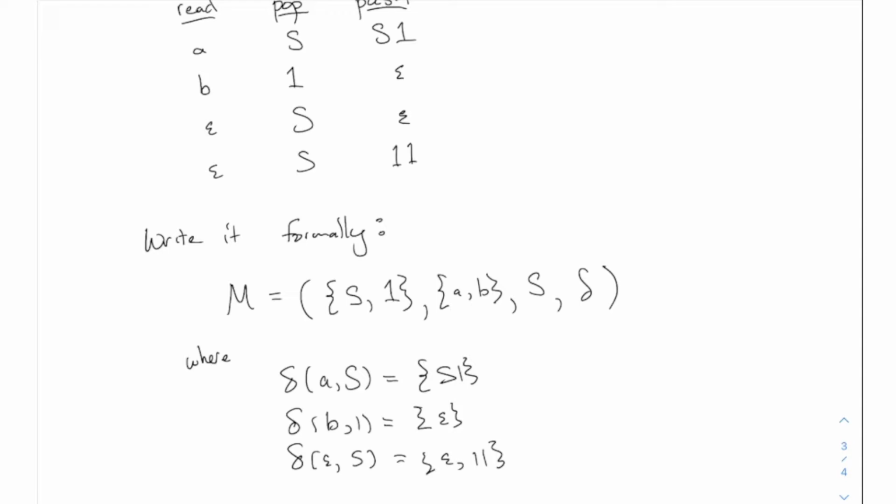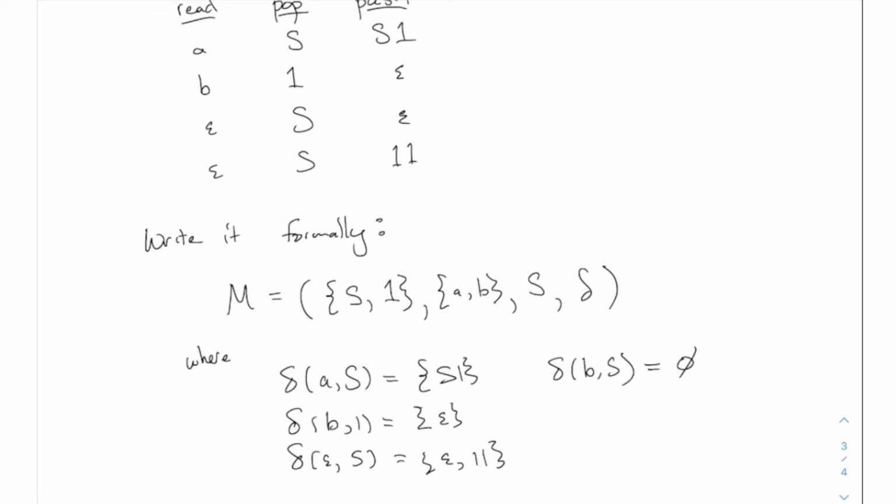I didn't tell you, for example, what is delta of B comma S? It is the empty set, right? So the question is, what can you do if you read B and pop S? The answer is you can't do that, and so there is no answer for delta of B comma S.